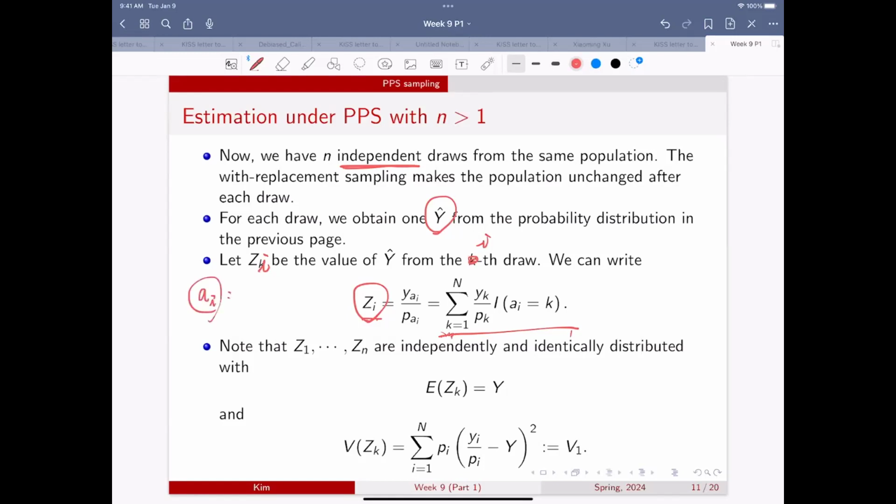So that is the index selected from the i-th draw. So Ai is random, which is basically this one, right? You have only one. So this event is equal to one at only one place, right? So that means you have this. And we already know that this is actually expectation unbiased.